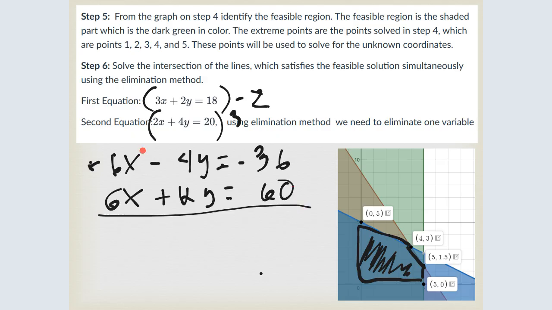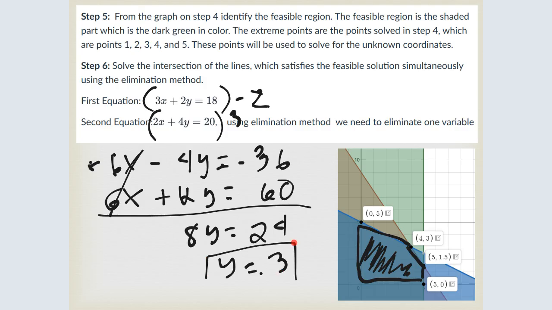By adding, we can cancel the x terms, and what is left here is 8y is equal to 60 minus 36, and that is 24. Now solving for y, 24 divided by 8 is 3. So y is equal to 3. If y is equal to 3, we can now substitute it into the equations.